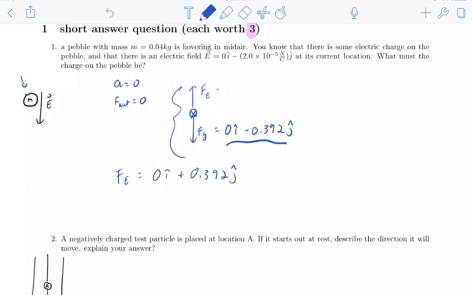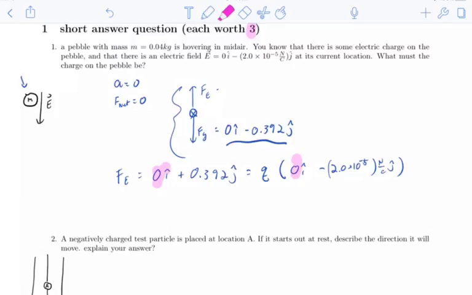But I also know that this is related to the amount of charge and the strength of the electric field, which I also know. And so the deal is, okay, 0 is equal to 0, fine.